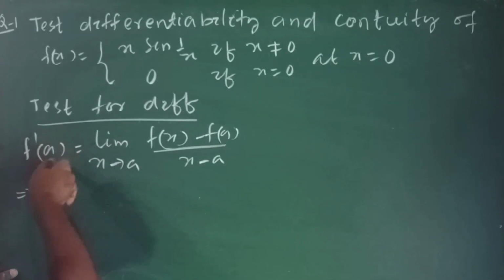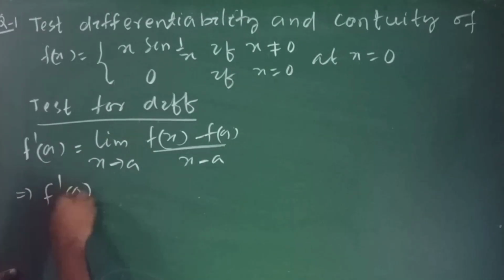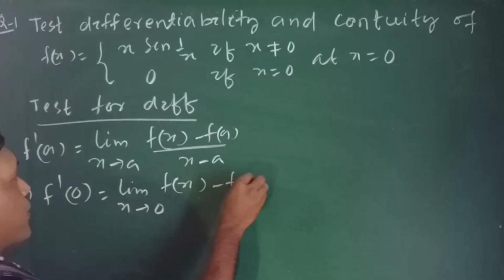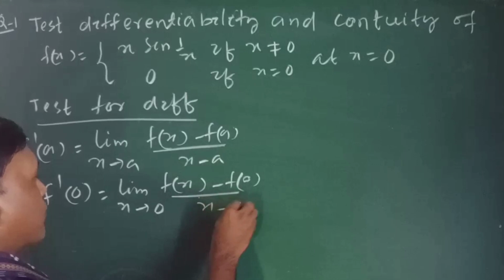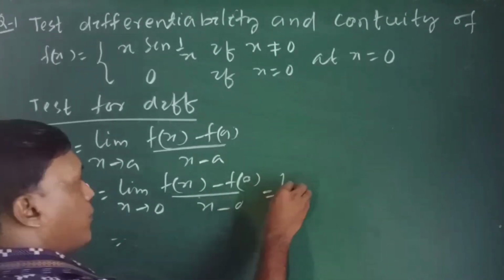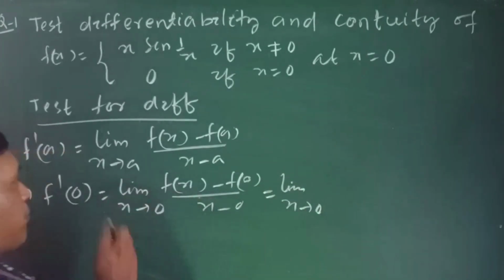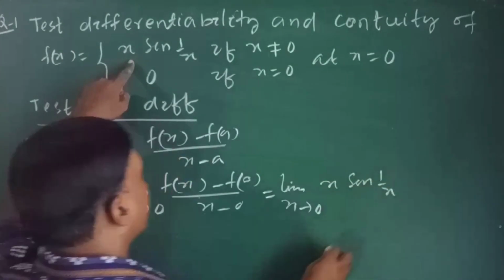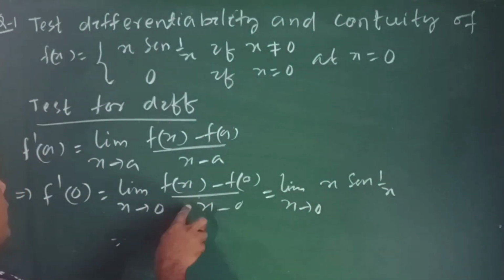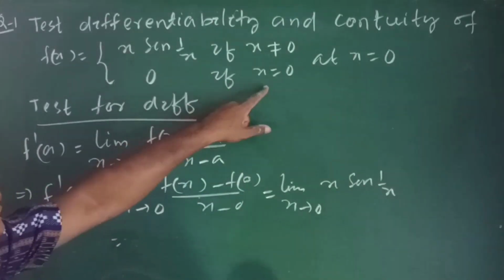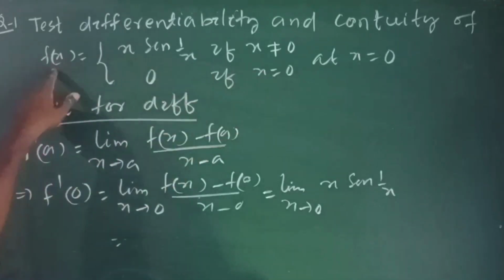Now मुझे बताओ if f dash a is this much then what is the value of f dash a means f dash 0. f dash 0 is limit x tends to 0 f of x minus f of 0 by x minus 0, and this is limit x tends to 0 f of x is here x into sin 1 by x minus f of 0. f of 0 means the value of function when x is equal to 0, and when x is equal to 0 the value of function is 0.